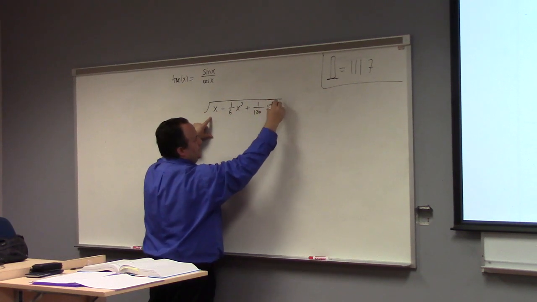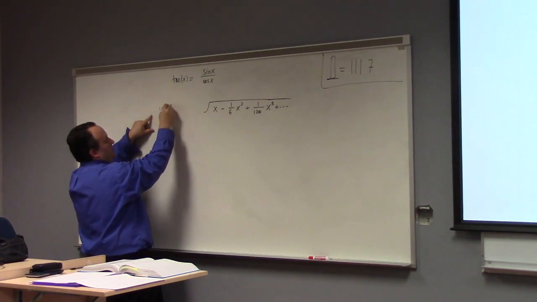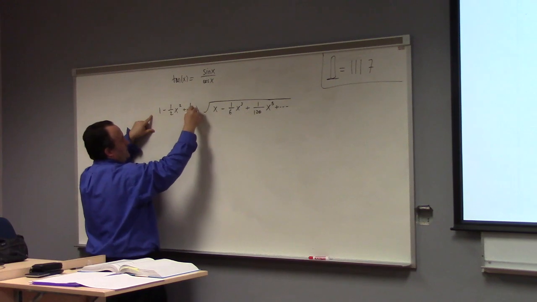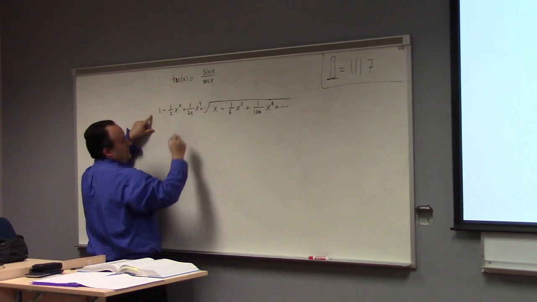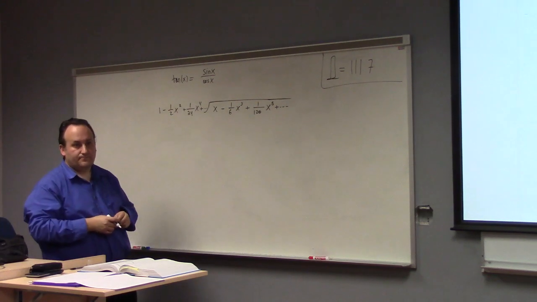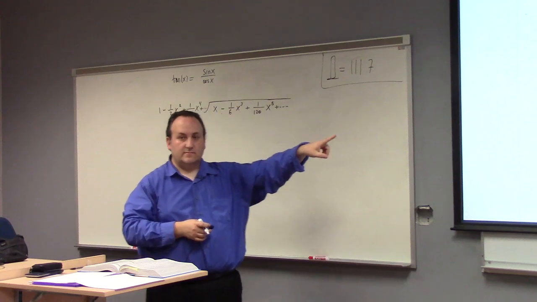I'll do it to order 5 this time. What's the power series for cosine? It is 1 minus 1/2 x squared plus 1 over 24 x to the 4th plus dot dot dot, right? This is much easier than that, I think.